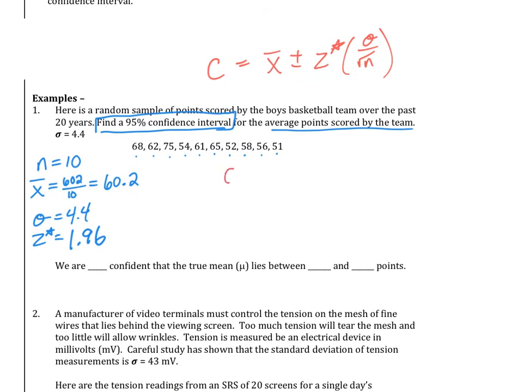So that means that C equals 60.2 plus or minus 1.96 times 4.4 divided by the square root of 10.